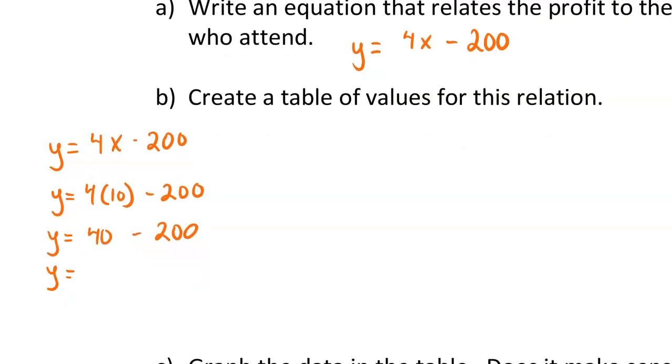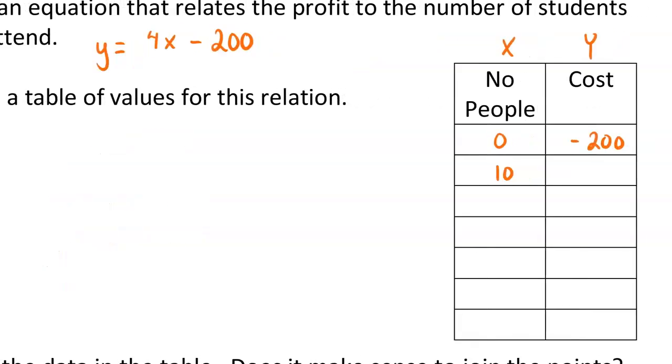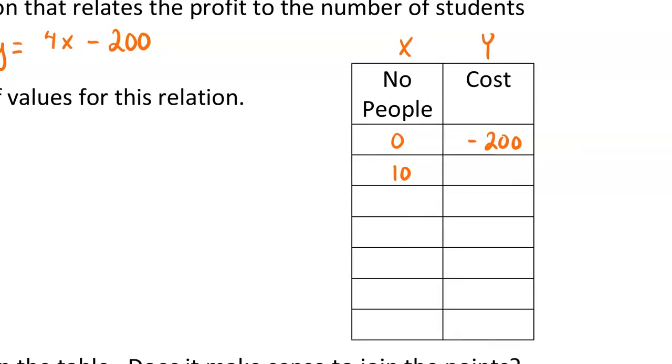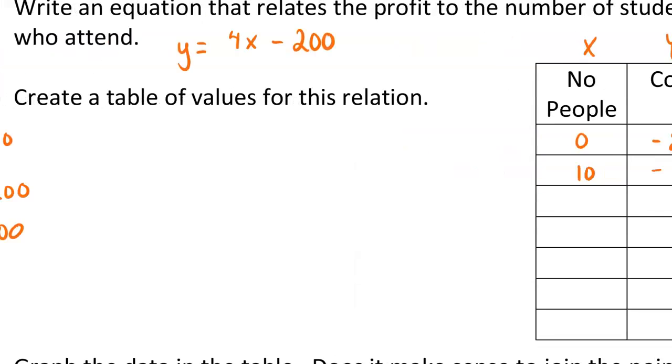So y would equal negative 160. So we still haven't made a profit with 10 people, but we've reduced how much we've lost.